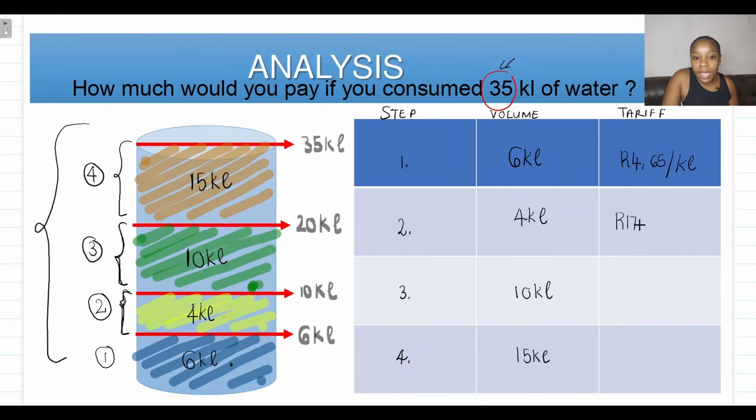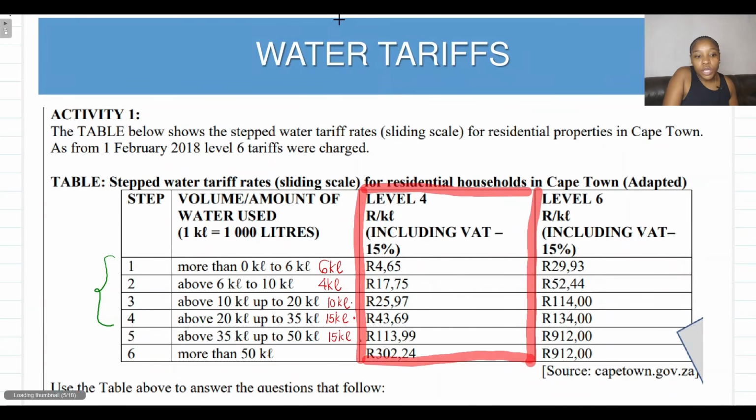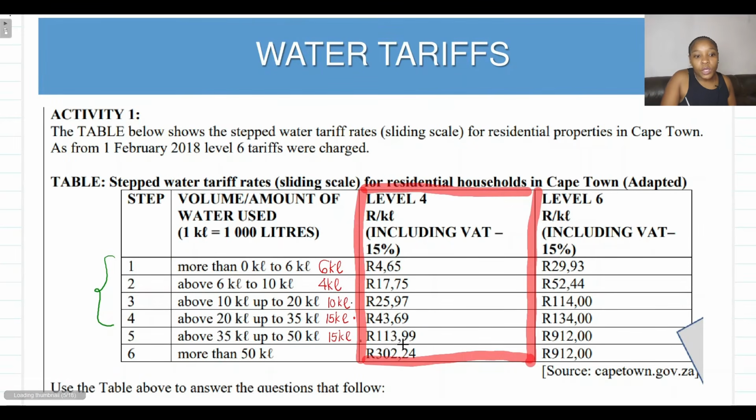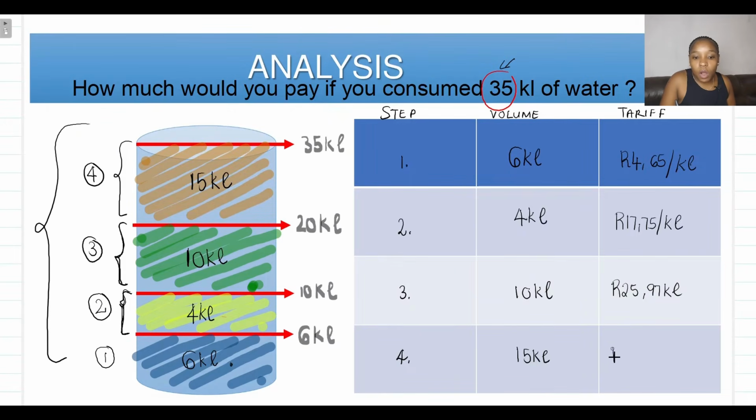In the third step, you are charged R25.97 per kiloliter. And in the fourth step, you are charged R43.69 per kiloliter of water that you consume.